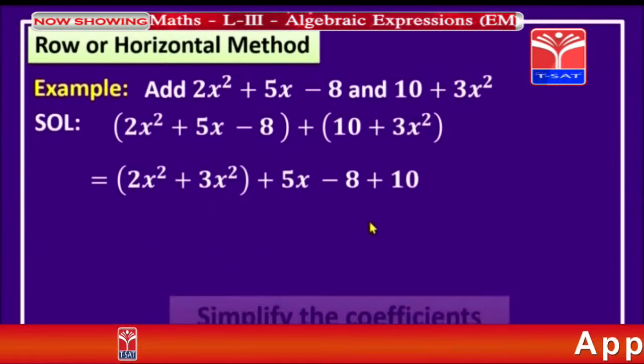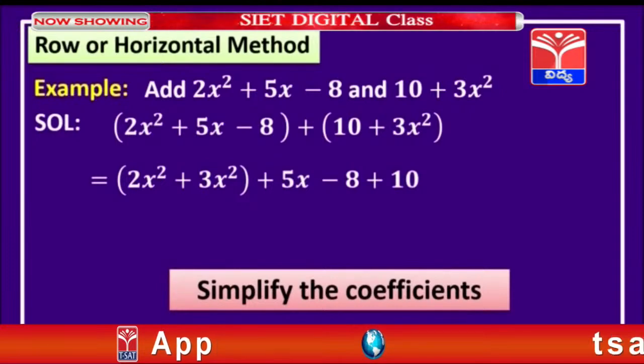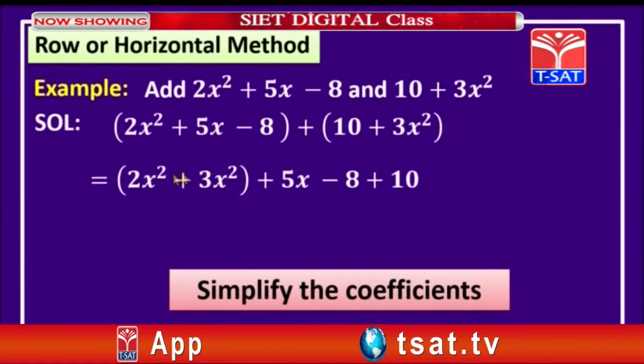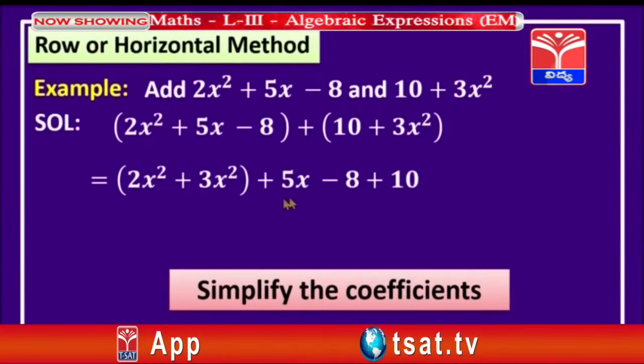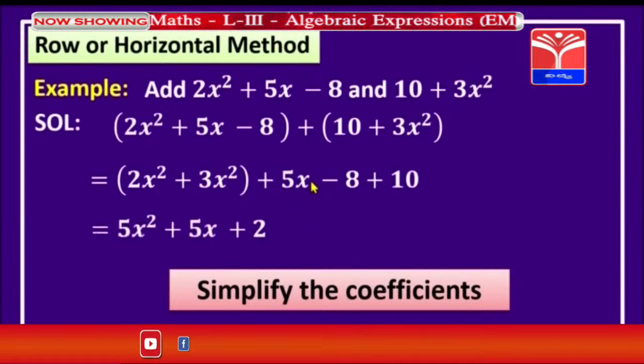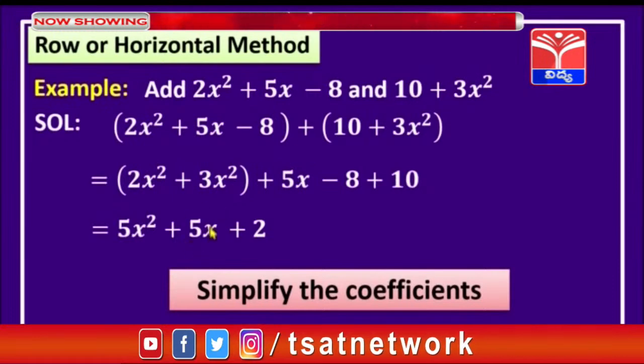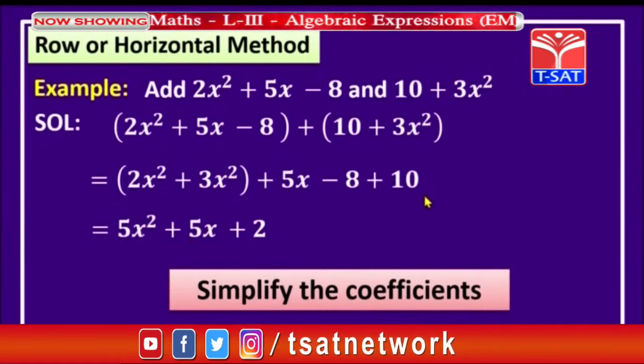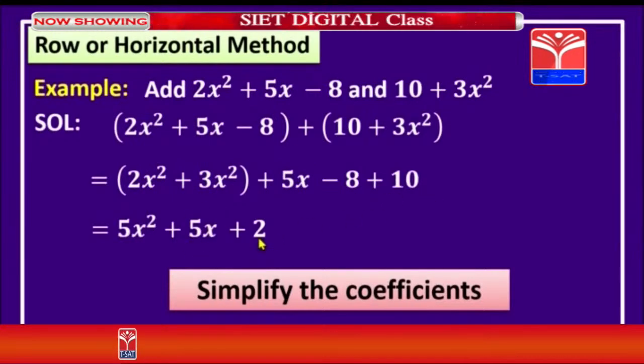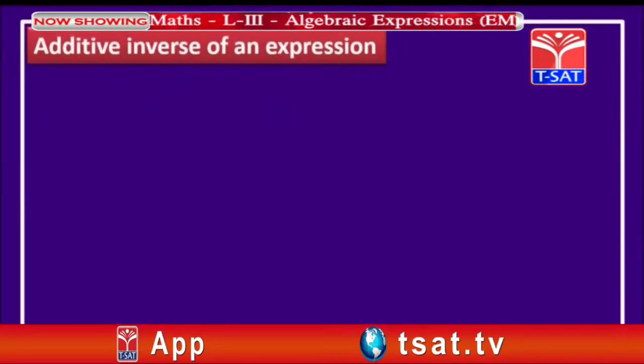Now what are we going to do? Yes, simplify just the coefficients. So here 2 plus 3, 5. So we get 5x square, and x is only 1 here, so I am writing it as 5x as it is. Minus 8 plus 10 is nothing but plus 2. So I am writing it as plus 2. Got it, children? Now children, let us learn about the additive inverse of an expression.